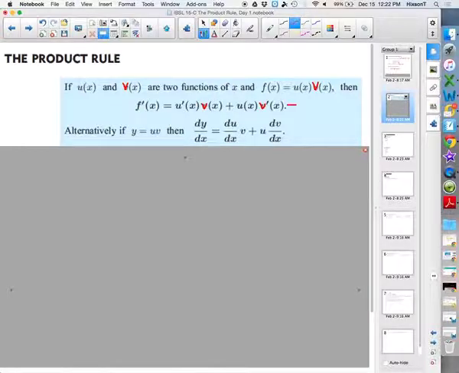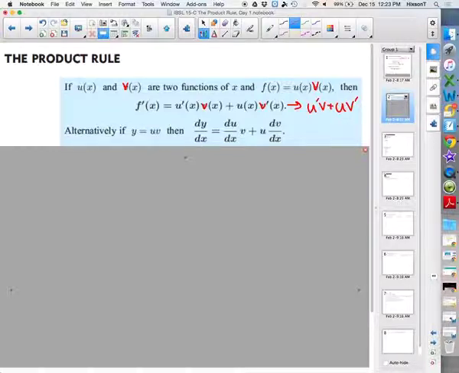We'll say u prime v plus u v prime. Now notice here, we're still involving those original factors and the derivatives. Just like the chain rule, where part of the original inner function was still part of your answer at the end, here you're going to have the two factors still part of your answer at the end.